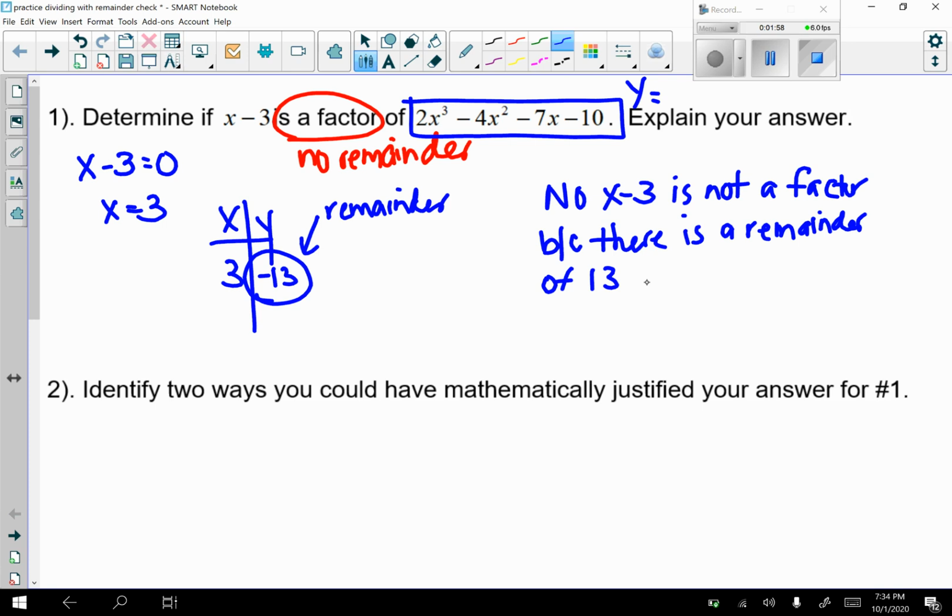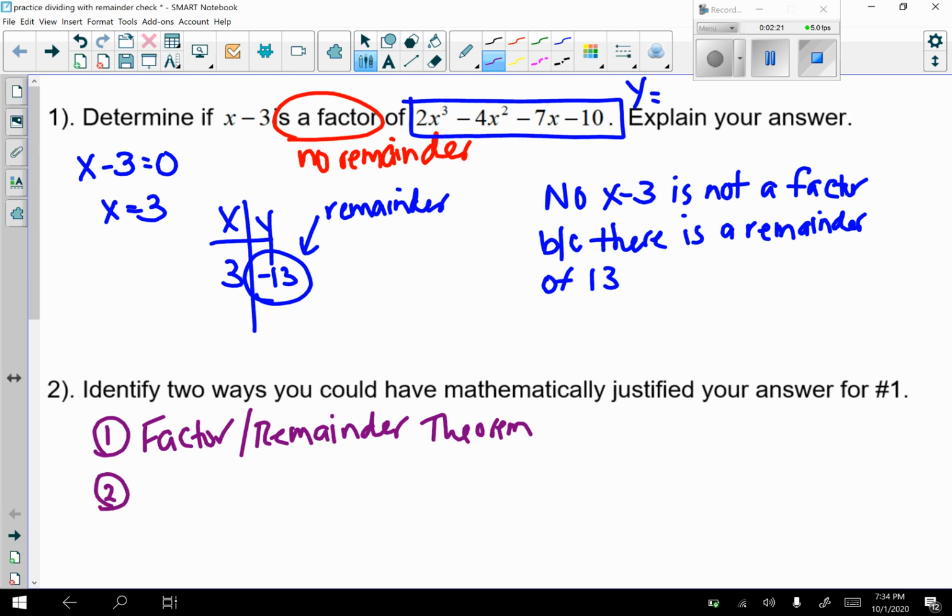Number 2 says identify 2 ways you could have mathematically justified your answer for number 1. So obviously the first way is the factor or remainder theorem, which is what we used. But if I wanted to, I could have actually divided, either using the tabular method or synthetic division.